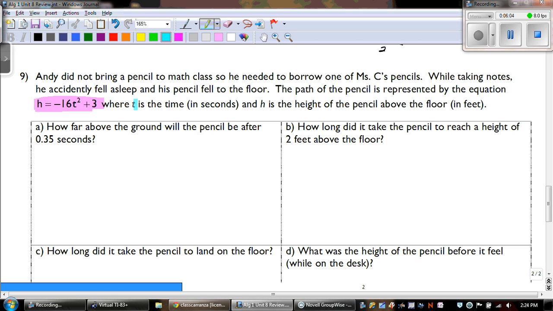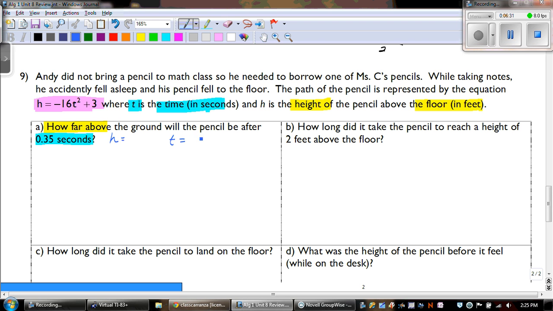Okay, so the t is the time and h is the height in feet. So in any equation we want to know, are we looking for h or are we looking for t? So reading this, it says, how far above the ground did the pencil fall after 0.35 seconds?